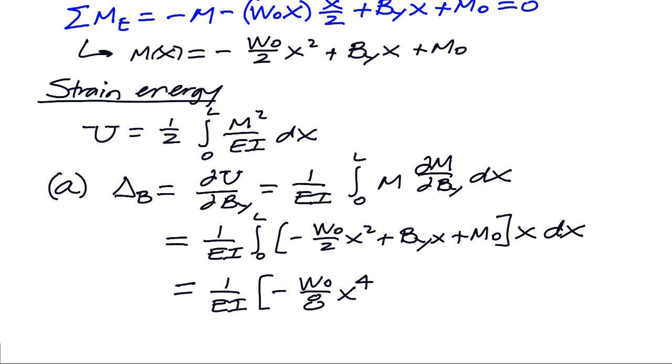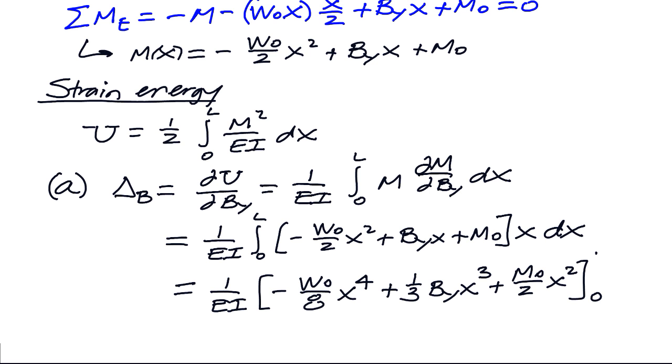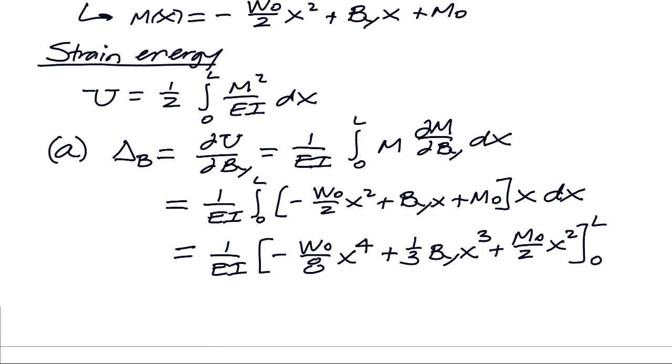I have the integral of By x squared, so that's going to be 1/3 By x cubed. The integral of M naught x is going to be 1/2 of M naught x squared. So all this gets evaluated at 0 and L.